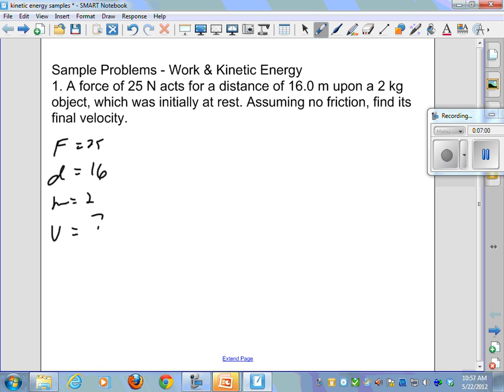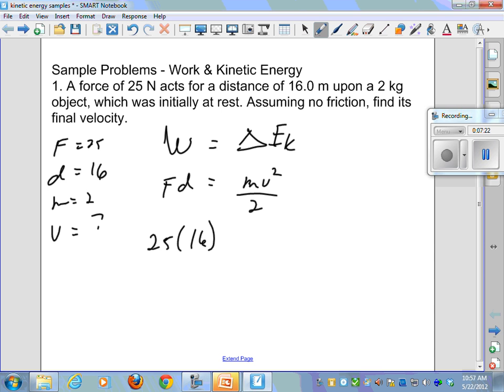Okay, so remember that work is equal to change in kinetic energy. Work is FD, which is equal to mv squared over, not r, there I made that mistake, mv squared over 2. So force times distance, 25 times 16, which is equal to 400. My mass is 2, 2v squared over 2. Isn't that convenient that the mass and the denominator of the fraction cancel out?